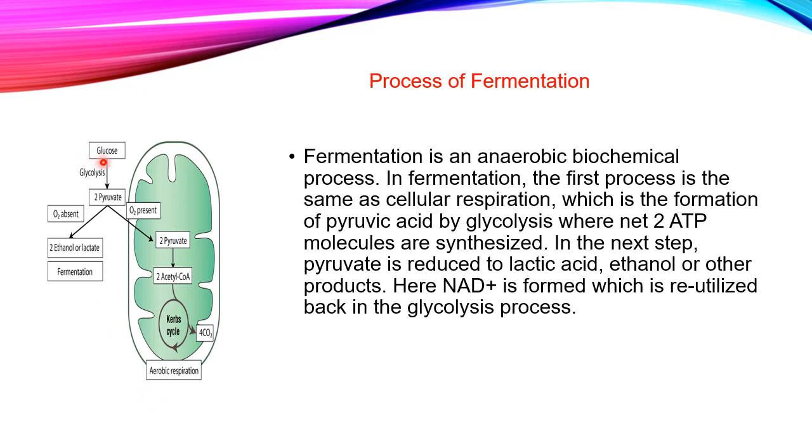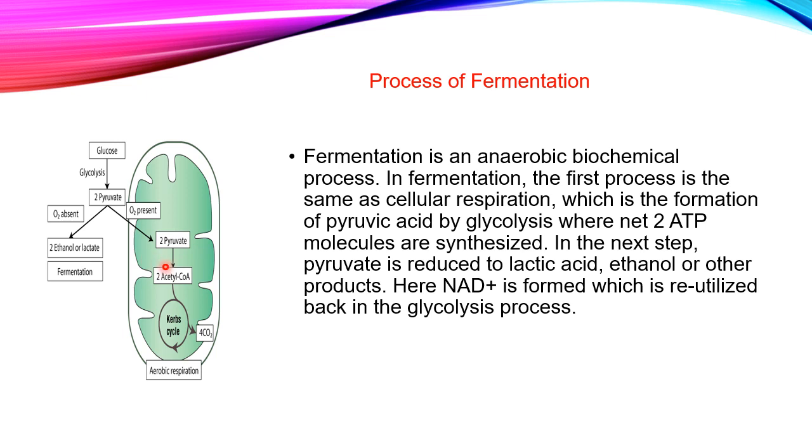Now we can see in the diagram here, the glucose enters the glycolysis cycle where two pyruvates are formed from a single glucose. Now, if oxygen is present, the pyruvate enters the mitochondria where it is converted into 2 acetyl-CoA because of the PDH complex, which we had discussed earlier in the Krebs cycle or the TCA cycle.